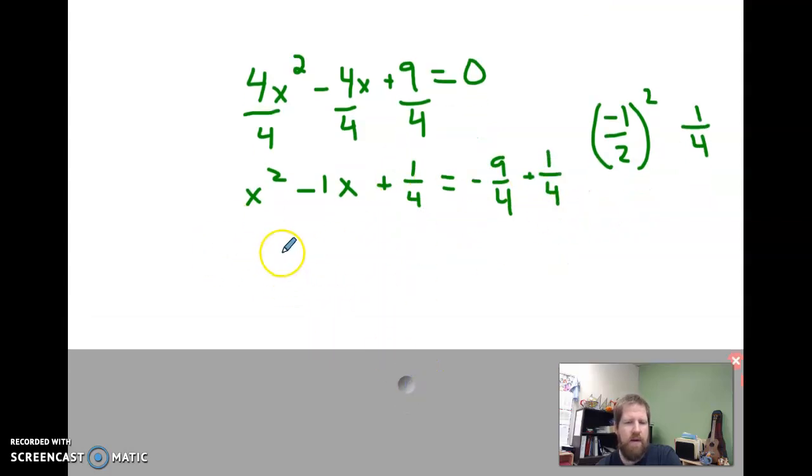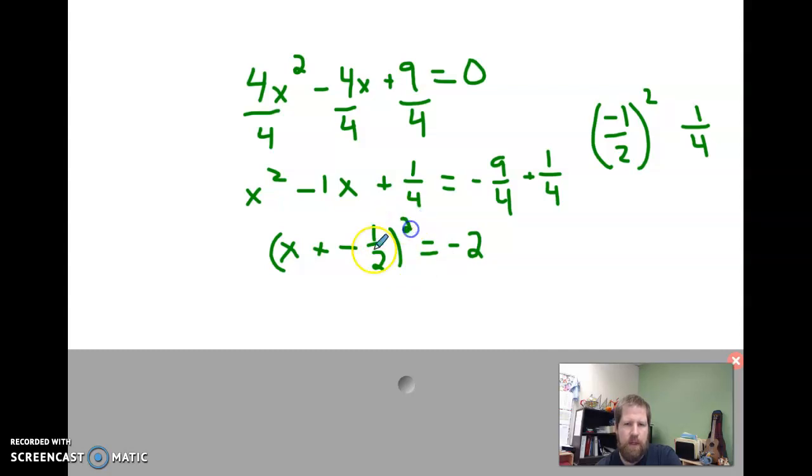And when I evaluate that, I get x plus -1/2 is equal to 1/4 plus -9/4, -8/4, or -2.